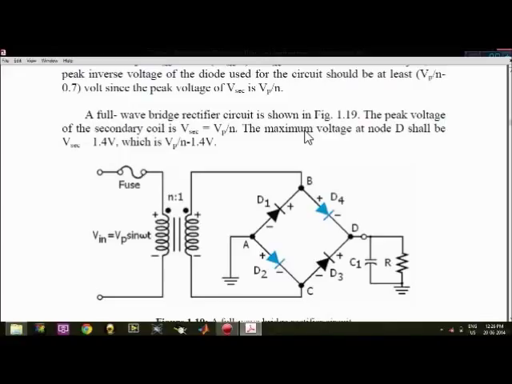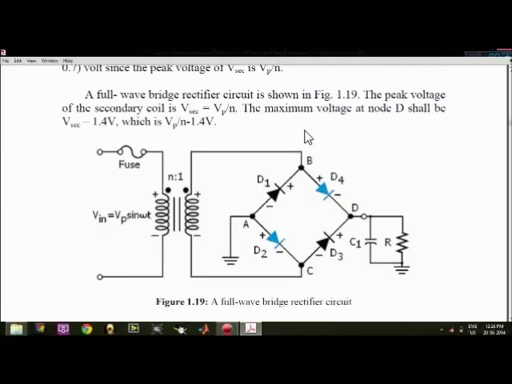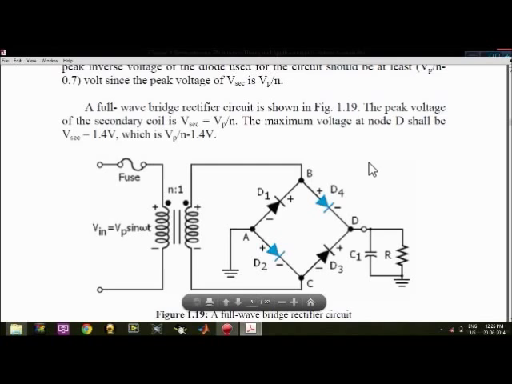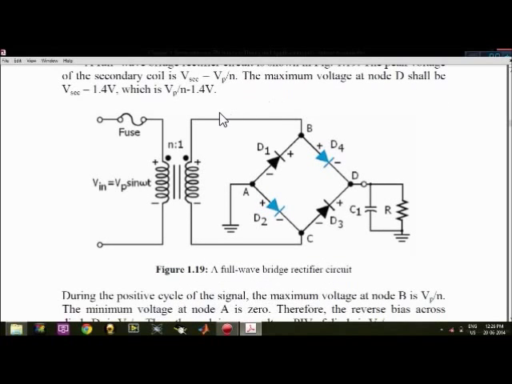Now there is one more full wave rectification technique, that is the full wave bridge rectifier. In this case a similar thing happens. Let us concentrate on the first part, that is the blue box part which I have made. Here we are using a transformer and a full wave rectifier with D1, D2, D3 and D4 in cyclic order.